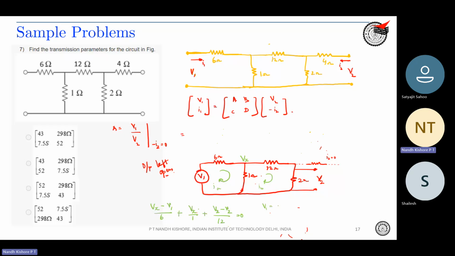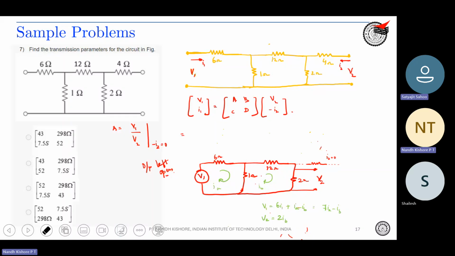So V1 would be 6 IA plus IA minus IB, that is 7 IA minus IB, and your V2 is directly going to be 2 IB, right? Is this fine?